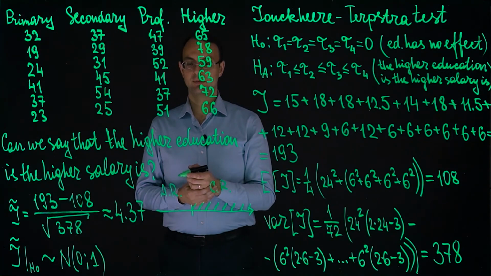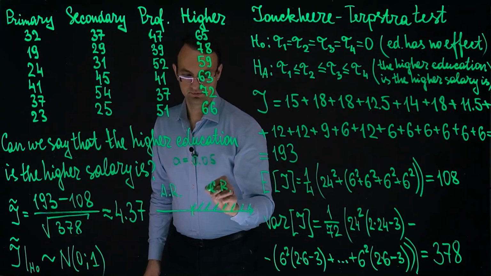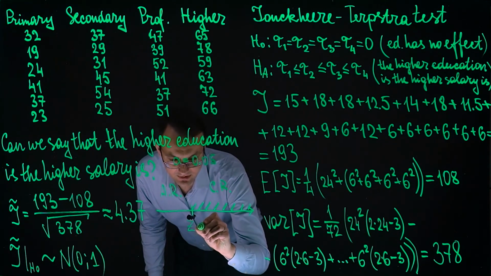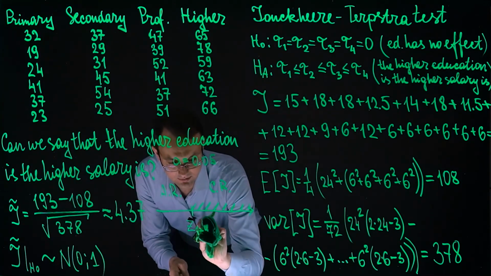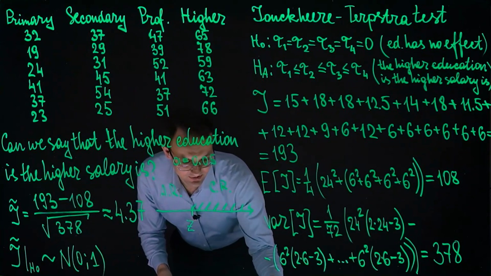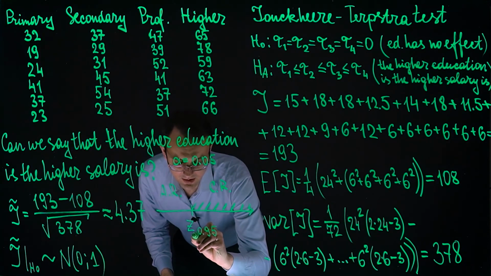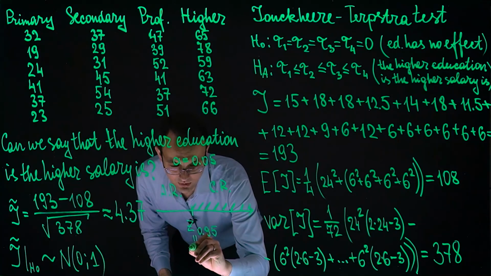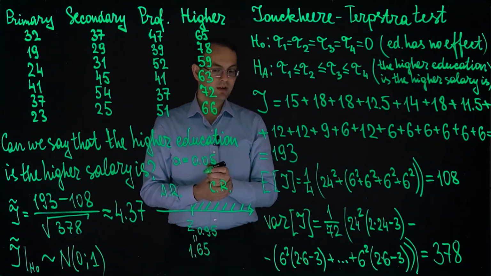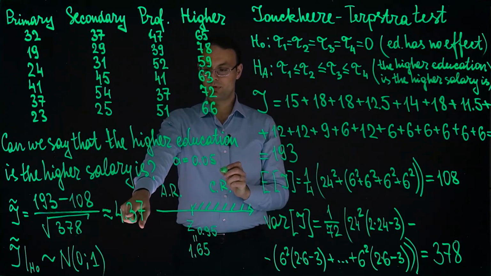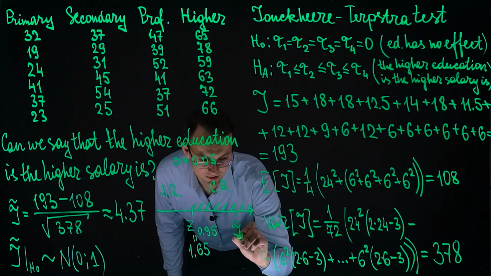If we assume standard alpha 0.05, then we have here z 1 minus alpha, so 1 minus alpha is 0.95, and z 0.95 is 1.65, and the test statistic is 4.37, so J tilde is 4.37.